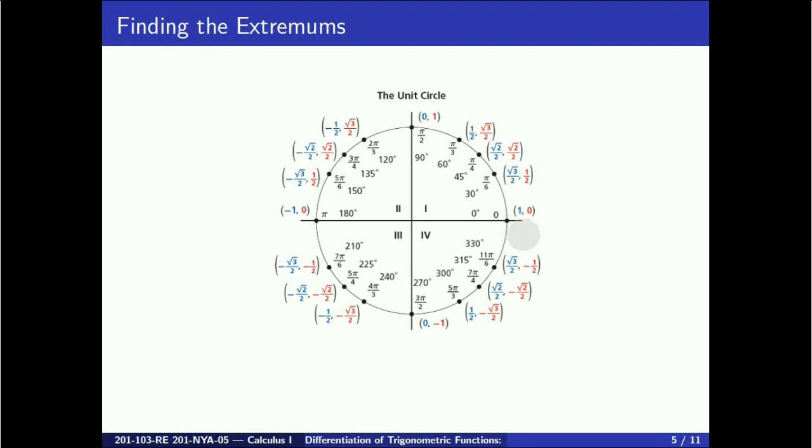Now the cosine corresponds to the x-coordinate for a point on the unit circle. For example, at pi over 2, we can see that the x-coordinate is 0, and at pi over 2, therefore, the cosine is equal to 0.